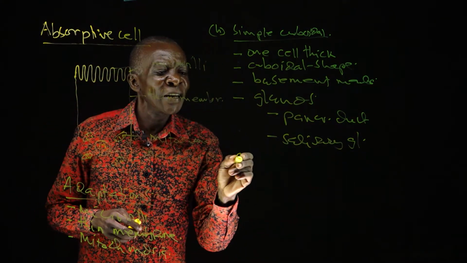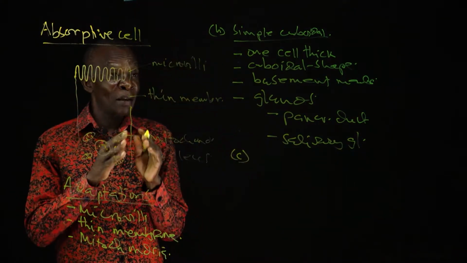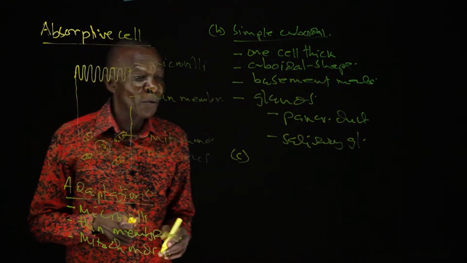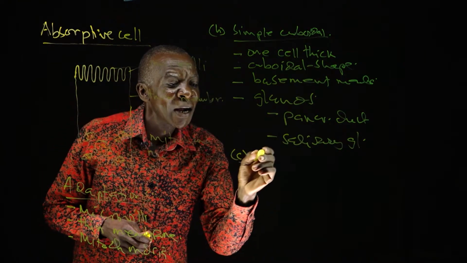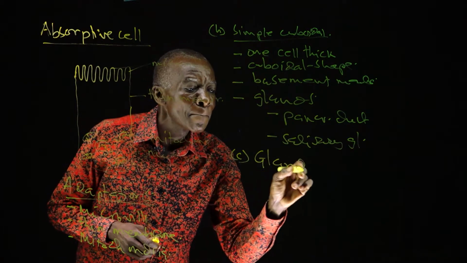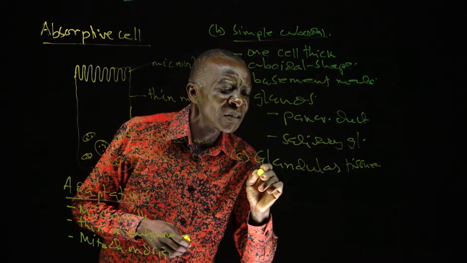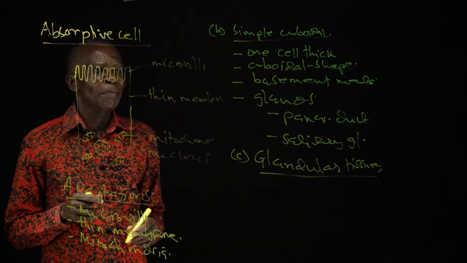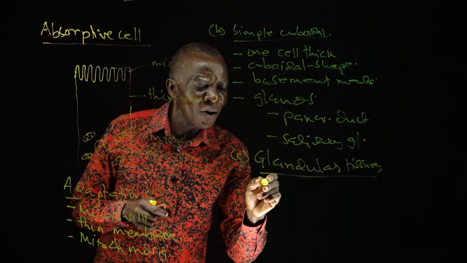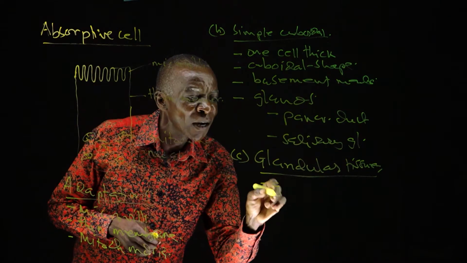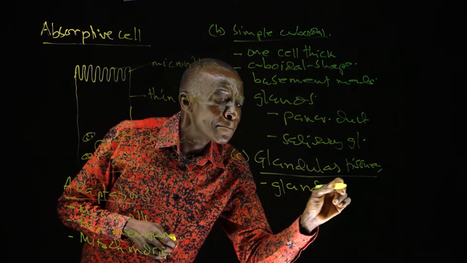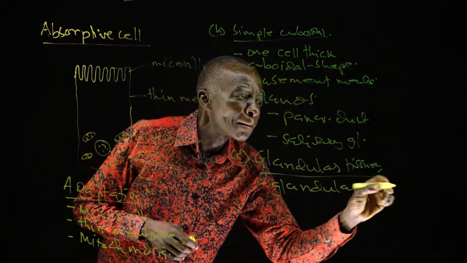And the third form of epithelial tissue is glandular tissue. This is a special form of epithelial tissue that forms glandular parts.